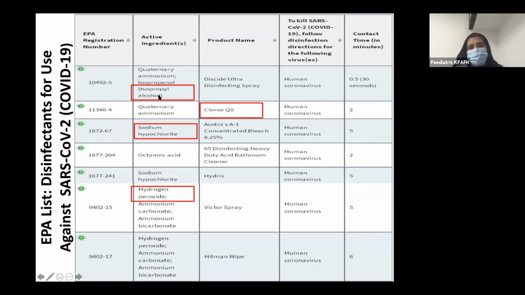So you see isopropyl alcohol, Clorox, sodium hypochlorite, and hydrogen peroxide are effective against the human coronavirus, and they can kill the virus within 2 to 6 minutes. So they are effective and should be used frequently as disinfectants.